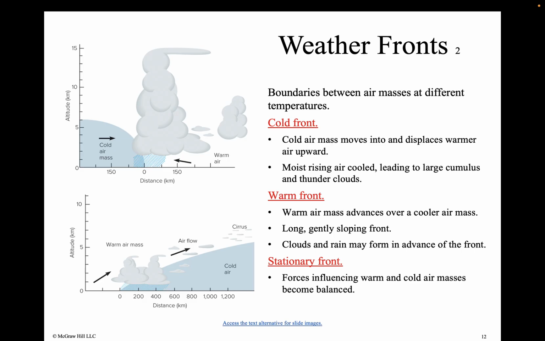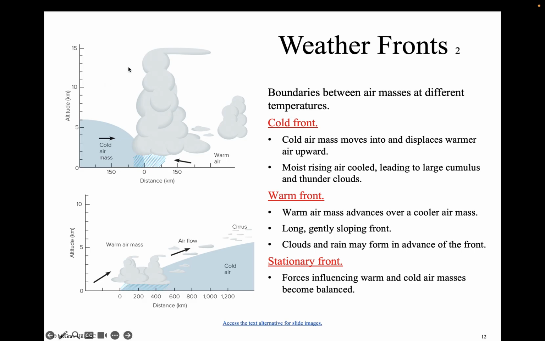So instead of mixing, there is a front, okay? That's when they collide, and in those fronts, we're going to have the active weather. Usually within the air masses, the weather is more stable for longer periods, but at the very front, the weather is more active, okay? So we have a few types of fronts.